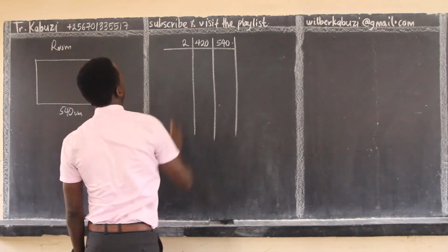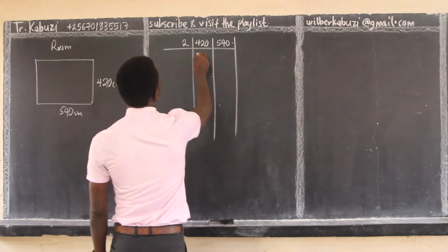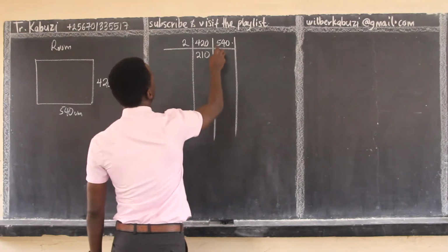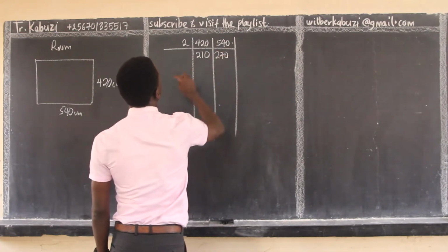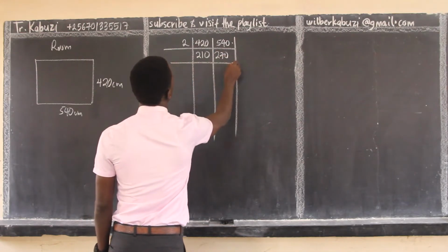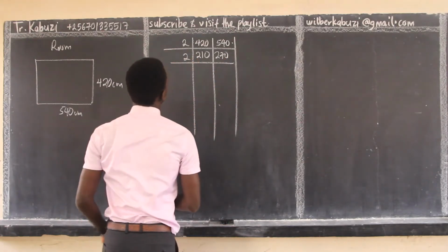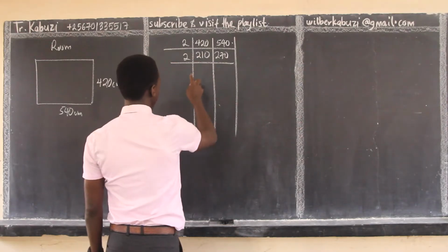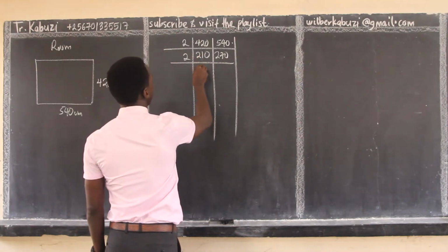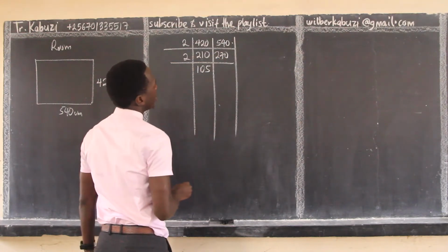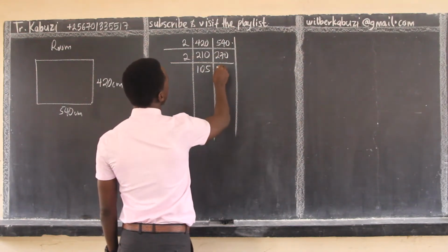Divide by 2: here we get 210, and here 270. By 2 again, here we get 105, and here 135.